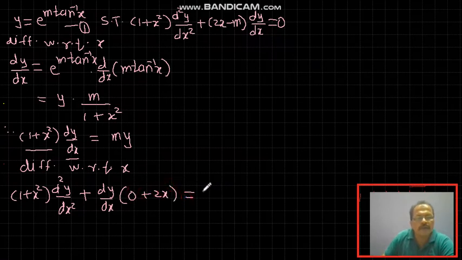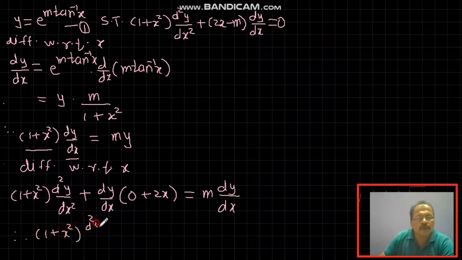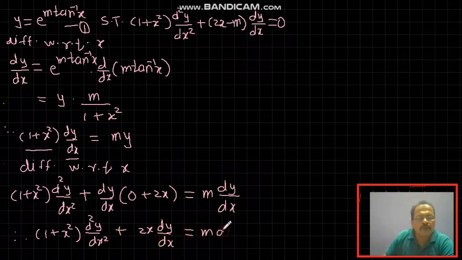It is equal to m constant as it is, derivative of y is dy by dx, and therefore 1 plus x square into d2y by dx square plus 2x dy by dx is equal to m into dy by dx.